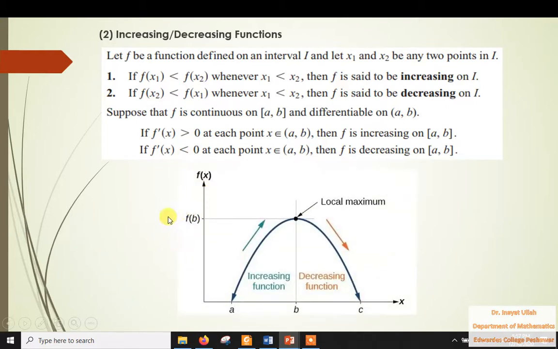Just look at this graph. We have just studied in the second slide that a line which makes an angle less than 90 degrees with the x-axis has a slope greater than 0. The slope of that tangent line, or any line which makes an acute angle, is positive.